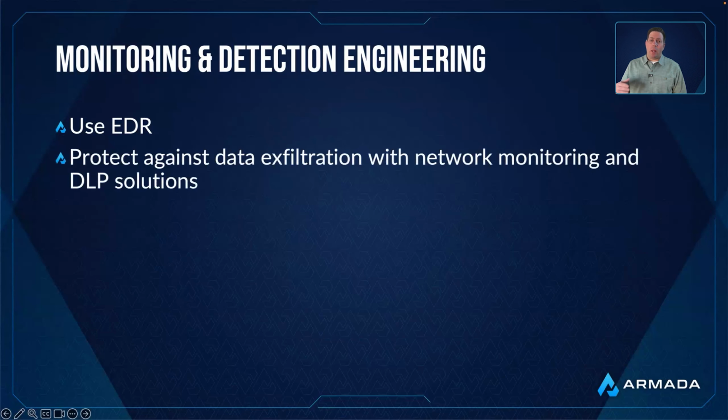We talked a lot about data extortion or double extortion and data exfiltration. If they're exfiltrating large amounts of data, there should be some sort of network monitoring in place, or your EDR should be able to catch that. Most EDRs nowadays can.